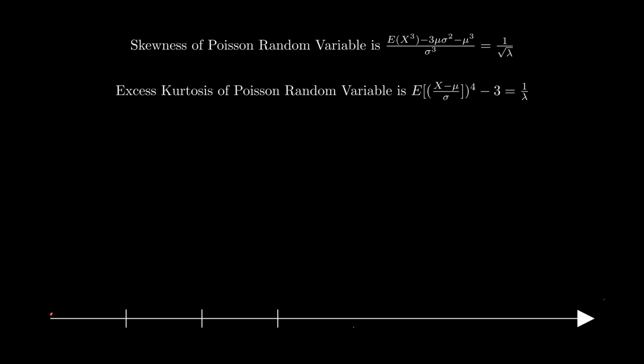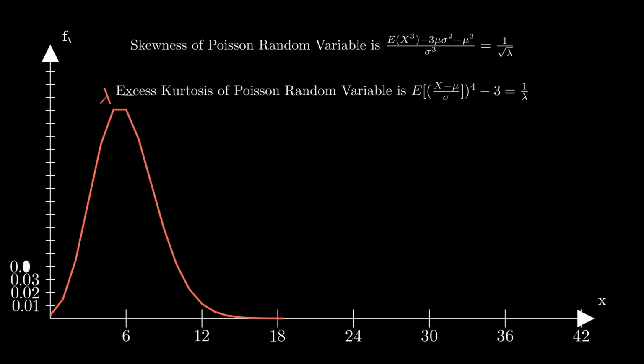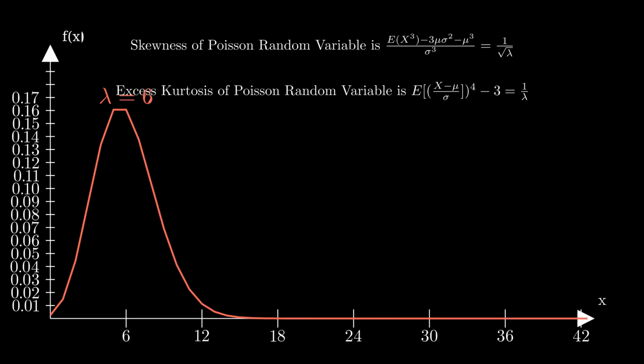Now let us discuss the skewness of Poisson distribution. So skewness is associated with the third moment. Other terms will be required, but basically it is associated with the third moment, and it is equal to 1 upon under root lambda.